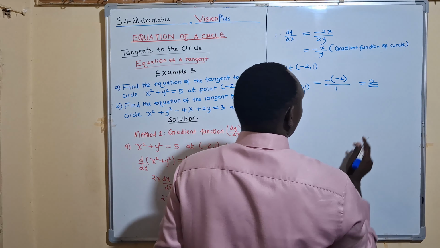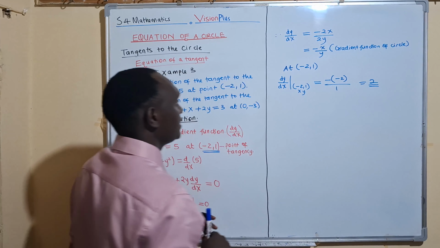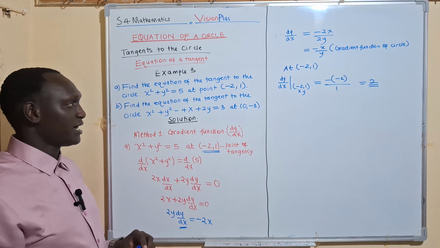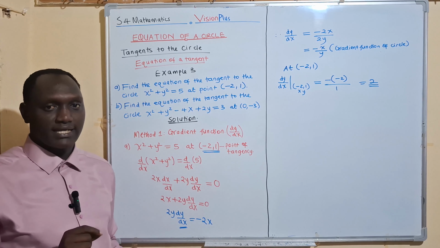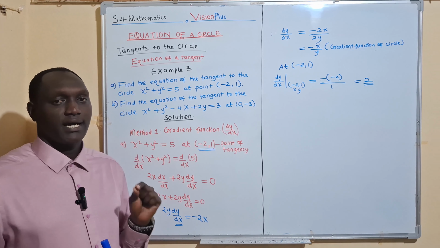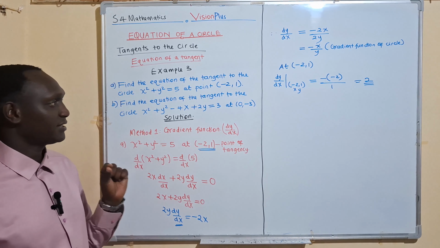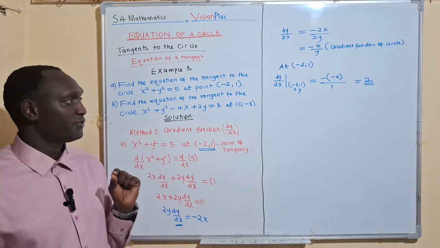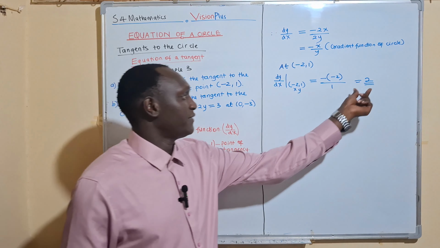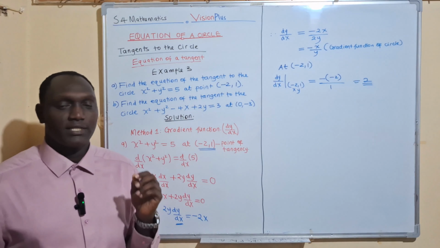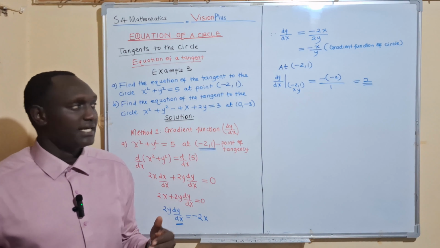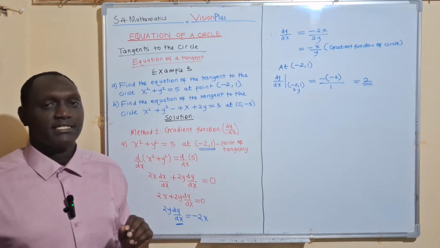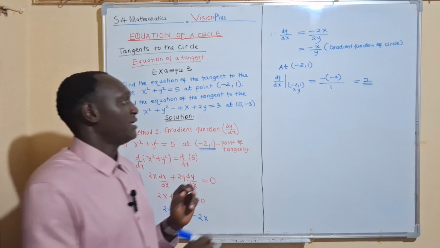Okay, now this 2 is the gradient of the circle at the point of tangency. And we know that at the point of tangency, the gradient of the circle is the same as the gradient of the tangent. So if this is the gradient of the circle at the point of tangency, it implies that it is also the same gradient of the tangent at that point.